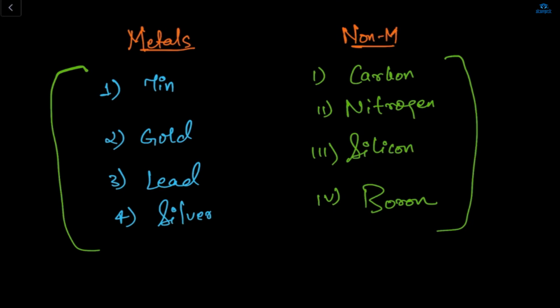Ma'am, do we draw the diagram also? No need of drawing a diagram. Okay, you can draw if you want. Take your time. Ma'am, what all do we have to write? We have to write the atomic number, the electronic configuration, and you have to tell whether it is gaining or losing electrons. Okay, ma'am.